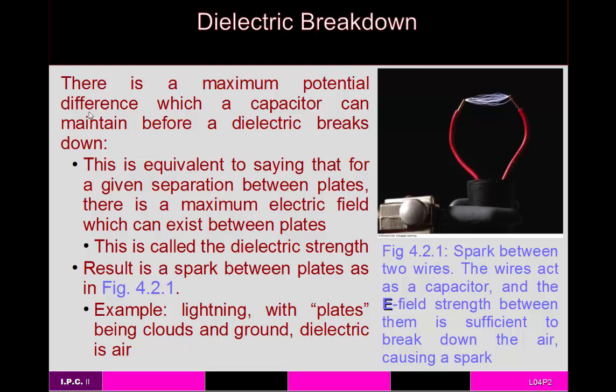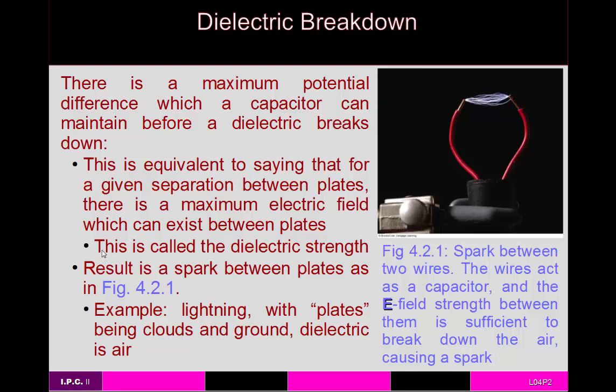So basically what happens is you have some maximum potential difference which you can have between the two plates of the capacitor before this happens. And since the plates have a given separation, this is really equivalent to saying that for that separation, there's a maximum electric field which can exist between the two plates before charges start moving from one plate to the other via dielectric breakdown.